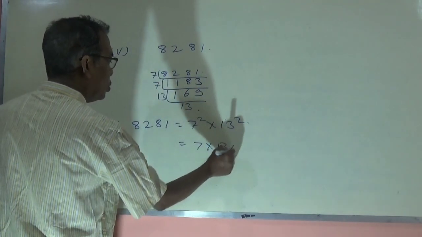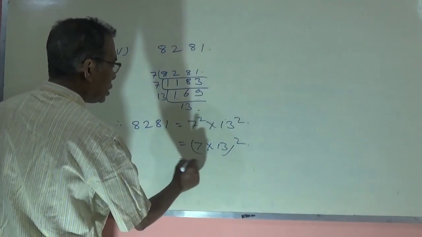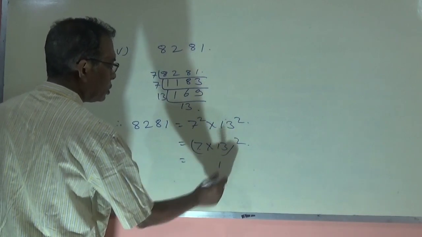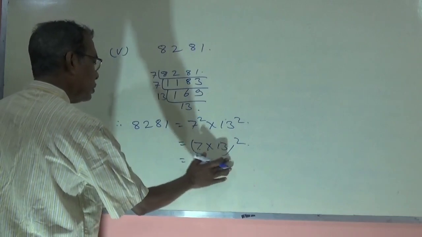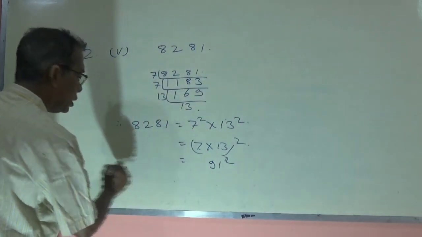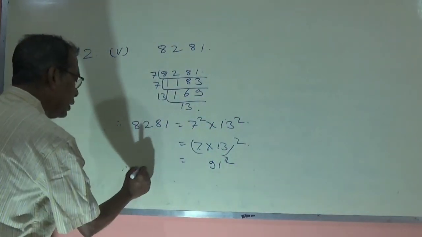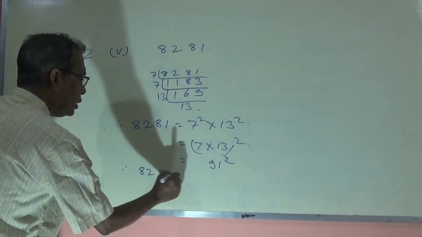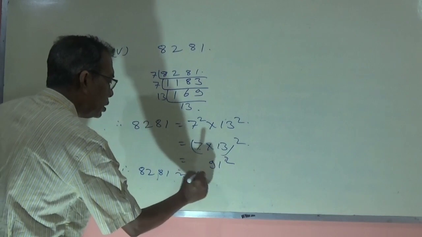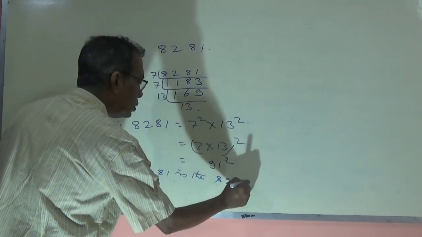Into 13 whole square, which is equal to 91 square. So therefore 8281 is the square of 91.